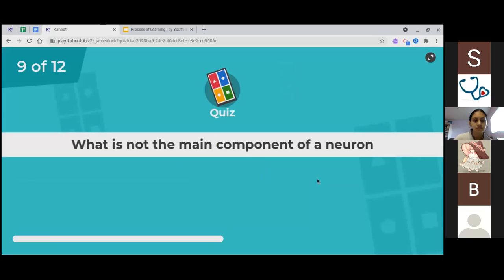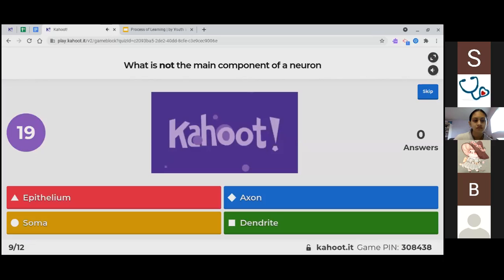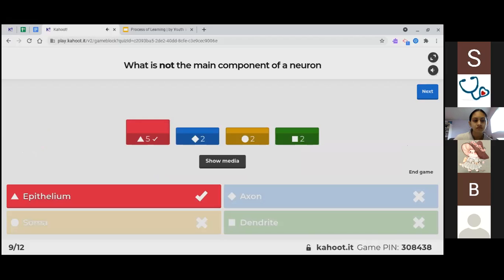Which is not a main component of the neuron? The correct answer is the epithelium. The other three are the main components of a neuron.